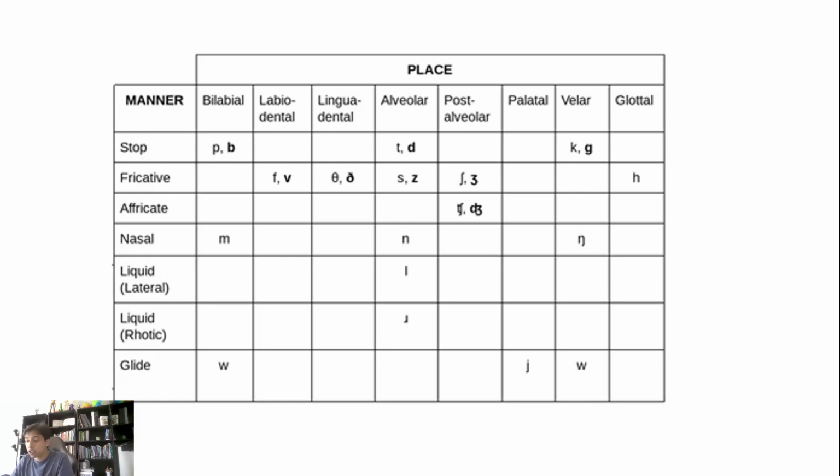So here we have the place, this is the manner, right? And then we can say, for example, that B is a bilabial stop voiced sound. And P would be a bilabial stop voiceless sound. So this is the organization of the sounds for English.